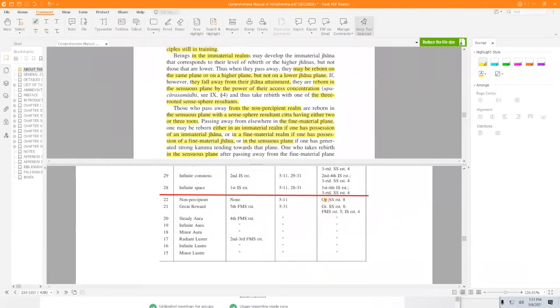So they will take rebirth with any of the 8 sense sphere beautiful resultants with 2 roots, non-greed and non-hatred, or 3 roots, non-greed, non-hatred, non-delusion.